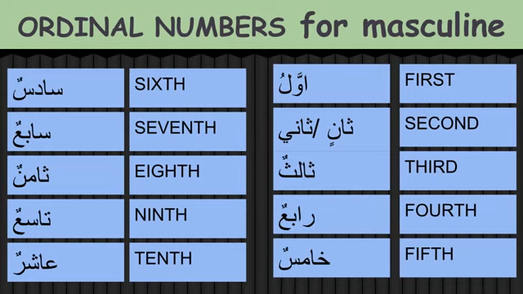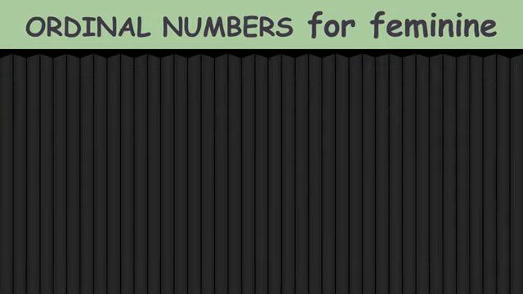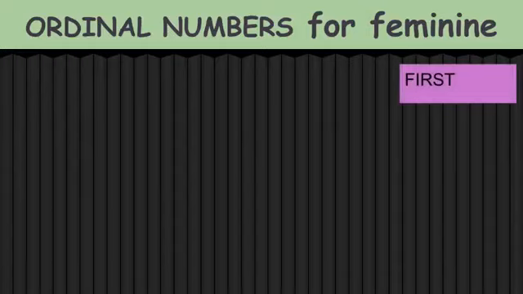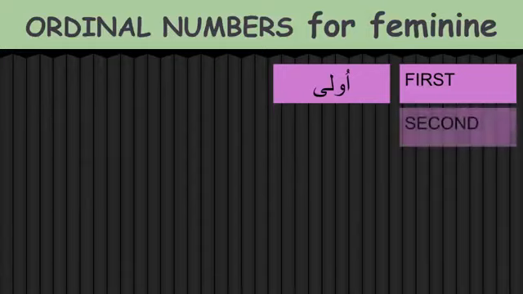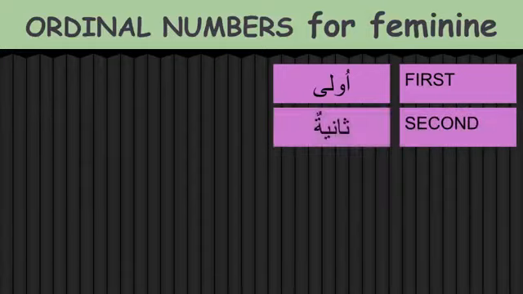So this is for masculine. Awwalu, thani, thalithu, rabi'u, khamisun, sadisun, sabi'un, thaminun, tasi'un, and ashirun. And going to feminine ordinal numbers, the first will be ula. So for the masculine we have awwalu, and for the feminine noun it will be ula. And second will be thaniyatun, fa'ilatun.